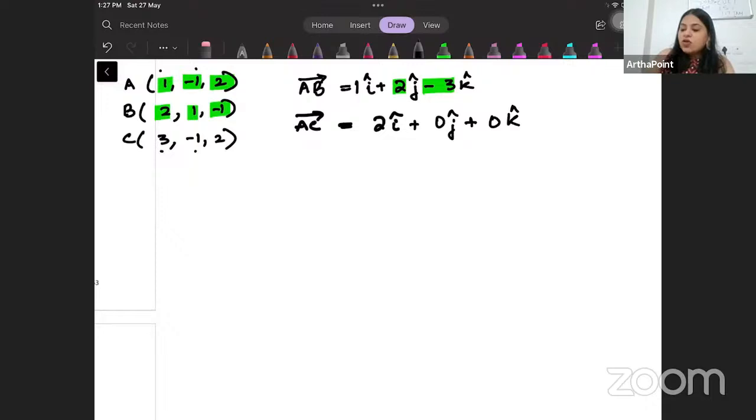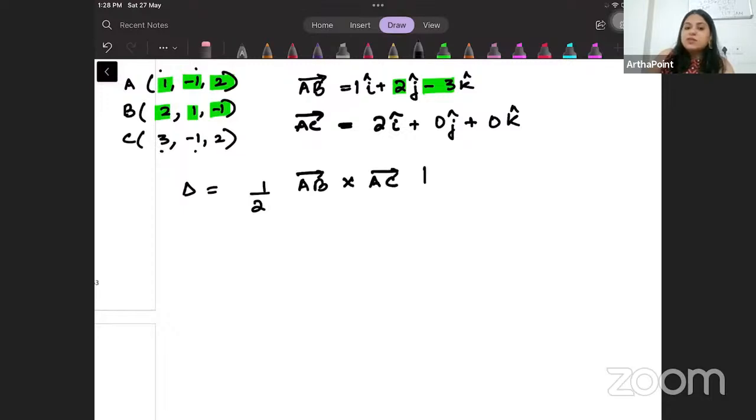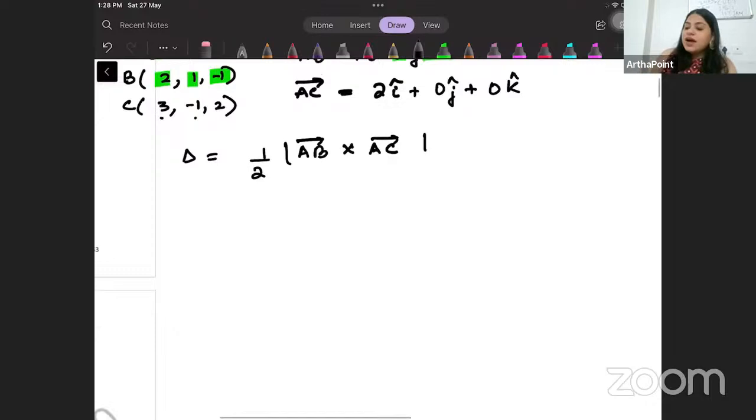Beta, area of a triangle is half of AB cross AC. We are making the triangle like this, this is A. So A, B, C. I have AB and AC vectors. So area of a triangle will be half of the magnitude of AB cross AC. Now, beta, I am doing a cross product of AB and AC.